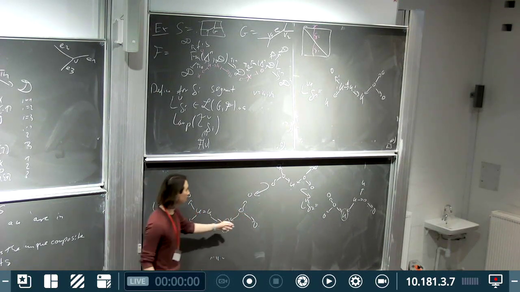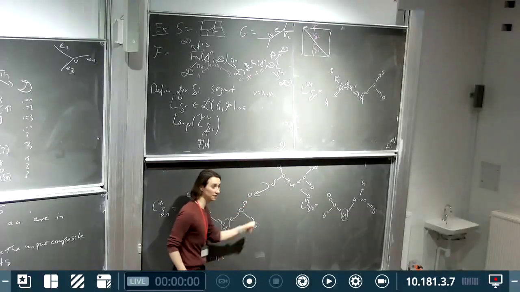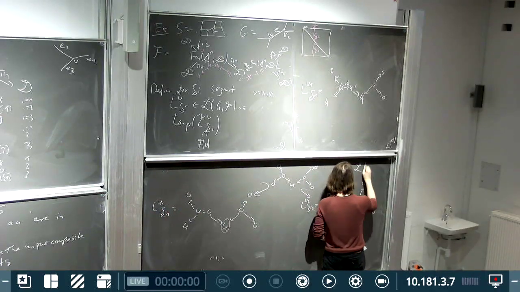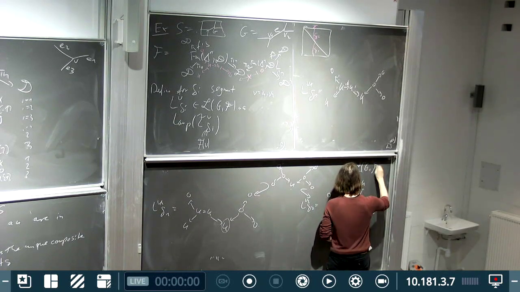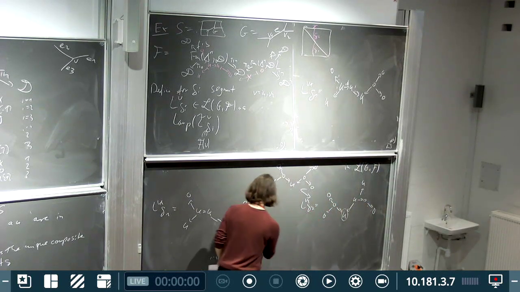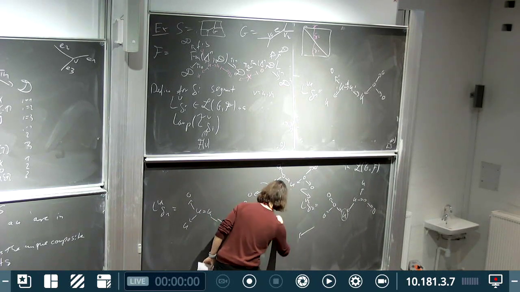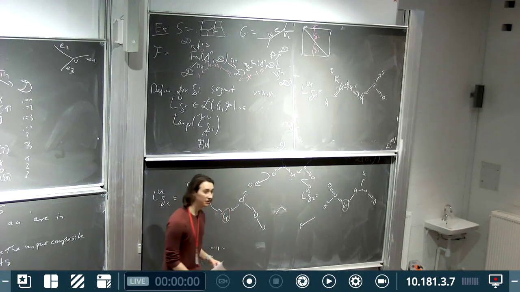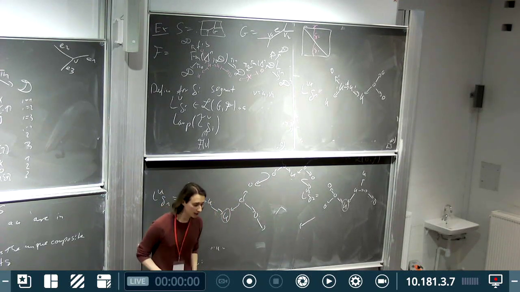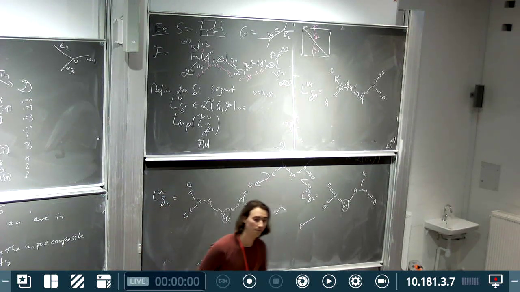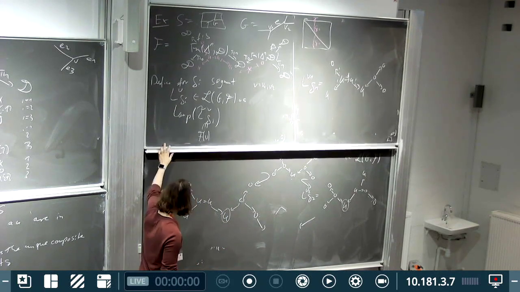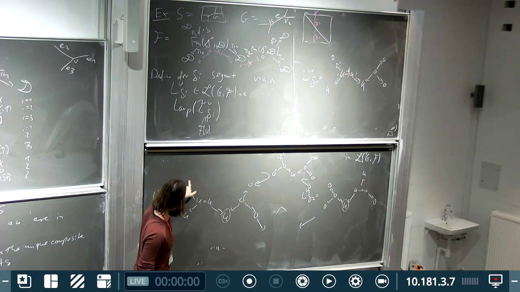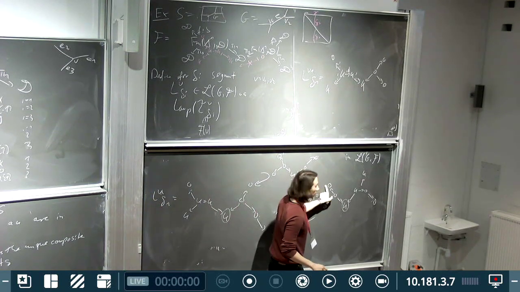So I have to see that there's a map of sections from this section to this section. So this is a diagram inside of the category of lax sections. And then if you compute the pushout, there's a very nice feature that pushouts in the category of sections are computed pointwise. So if I say I want to compute the value here at this vertex, I'm taking the pushout of 0 with 0 and 0.